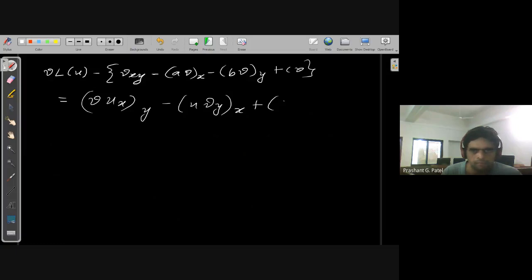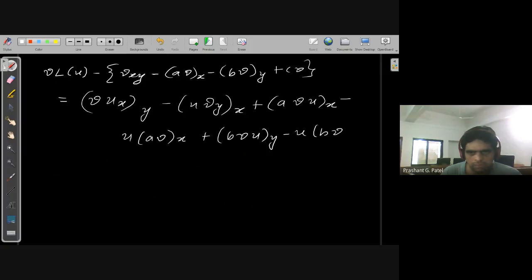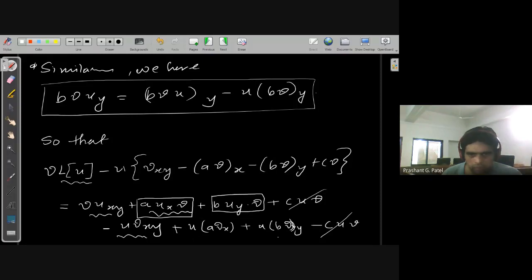So we substitute this quantity and this quantity from the above expression. So it is plus A V U_x minus U A V_x plus B V U_y minus U B V_y. Now this quantity is there already: U A V_x, sorry, A V at x, it is x outside. So it is A V at x, and this is B V_y.